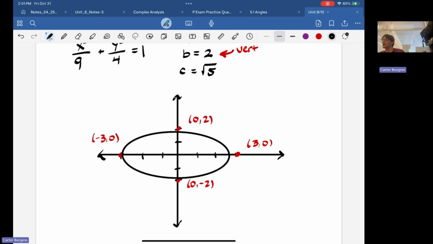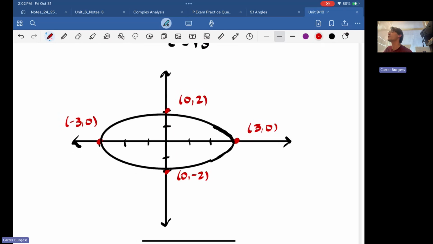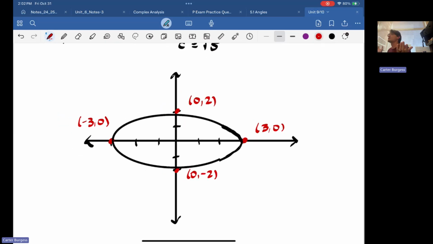Great question. Mary asked a really good question here, which is where does the focus tie in? And the answer is the focus is the distance from the center along the major axis to the foci. So the value of C, sorry, I should say, is the distance along the major axis to the foci. So in this case, traveling by root 5. Do we know exactly the value of root 5?